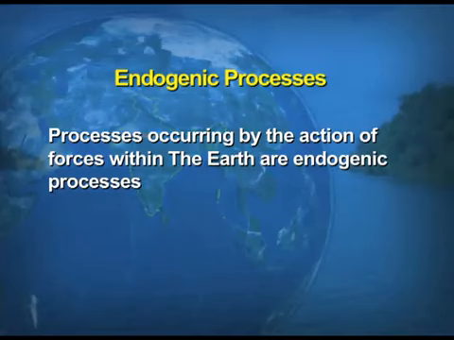Now, endogenic processes are the processes occurring by the action of forces within the earth. As I have just told you, my dear children, endogenic processes means the processes which are internal.